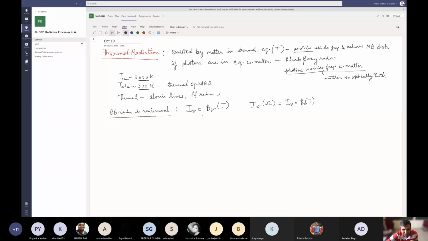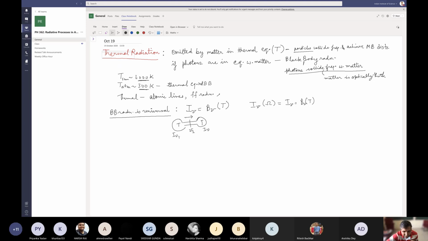Now, if it was not universal, you could arrange a black body at temperature T here and a black body at temperature T here, and suppose at some frequency the amount of radiation coming is not the same. Then you connect these with a filter at the frequency where the two are not emitting equally, and you will have energy transfer between them. Suppose I nu here is greater than I nu here, and both are black bodies.